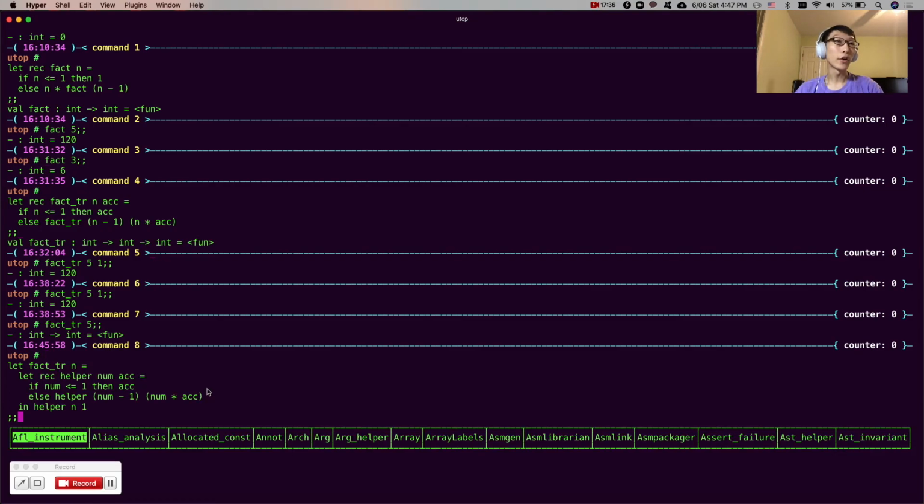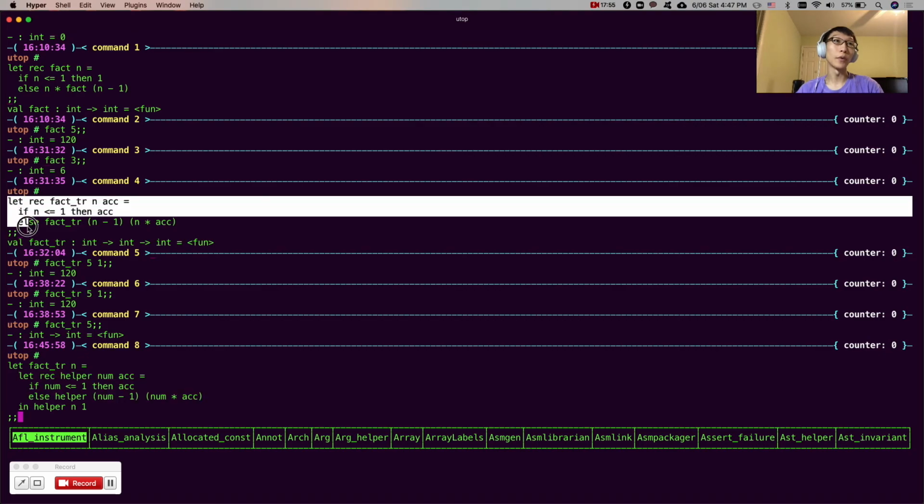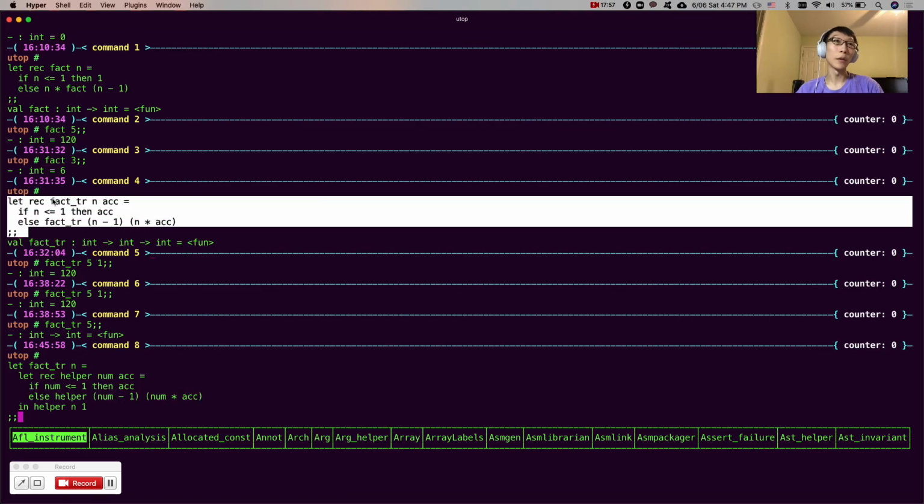So what we have here, I'll briefly explain, is a nested function called helper within a function called factr. As you'll notice here, if you look carefully, these 3 lines, the helper function, are the exact same as the factr function that we described up here, with the exception being the name, of course.